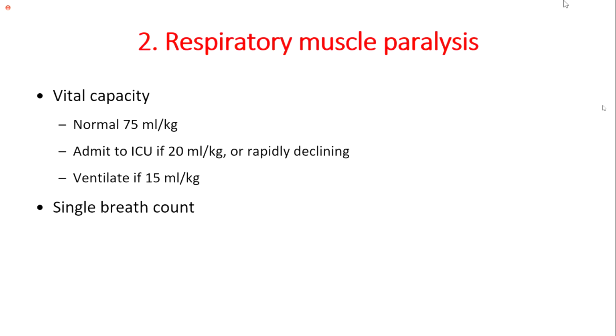Tell me what your count is. I'm going to ask you randomly. Go. I can't see you doing it. Take a single breath and count. How much can you count?